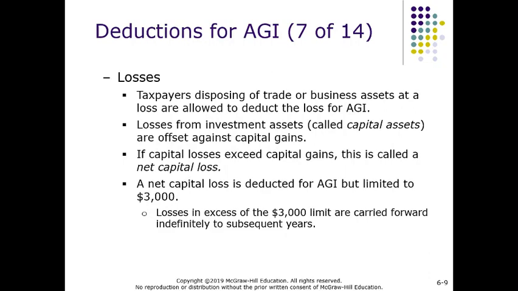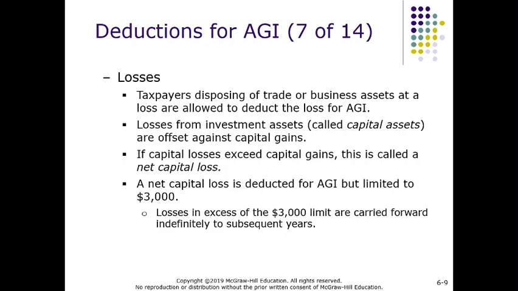Losses from investment assets, which are capital assets, you've already learned, and you'll learn some more in Chapter 7, are offset against capital gains. If capital losses exceed capital gains, this is called a net capital loss, and you get to take $3,000 of that net capital loss and deduct it for AGI each year.